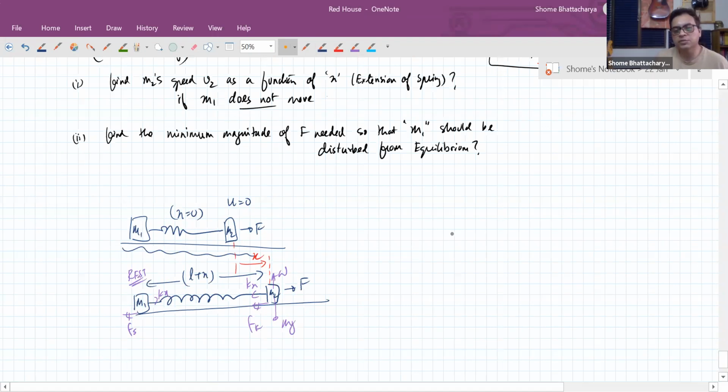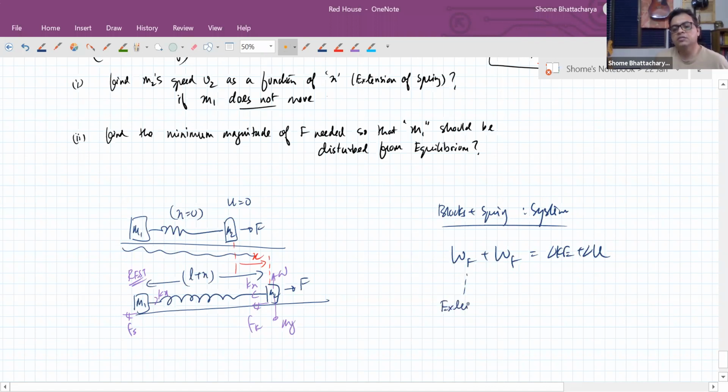We can take, for example, the blocks plus spring as a system. So we can say that work done by the external force plus work done by friction is change in kinetic energy plus change in potential energy. Okay. So this is the external force thing. This is the non-conservative thing.